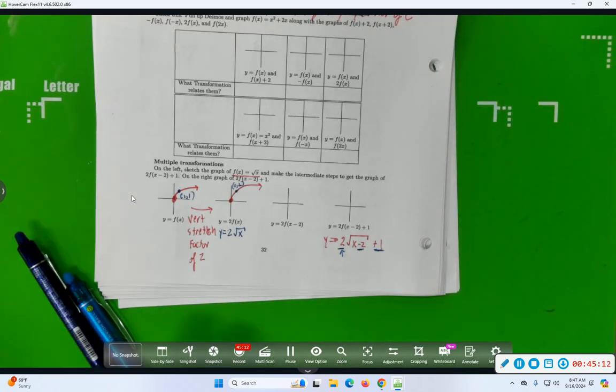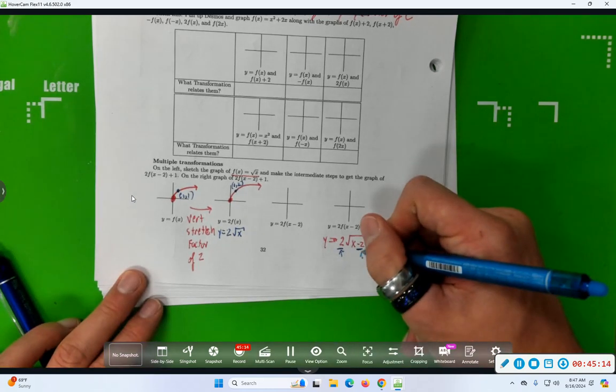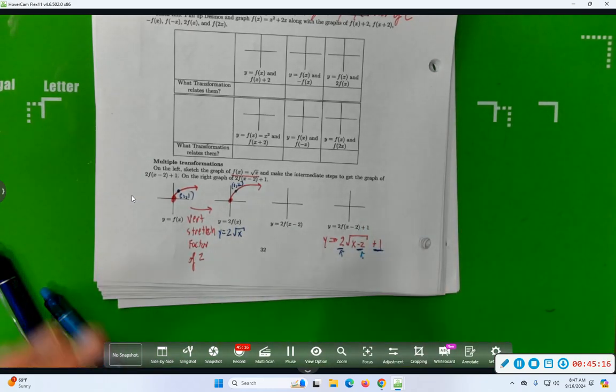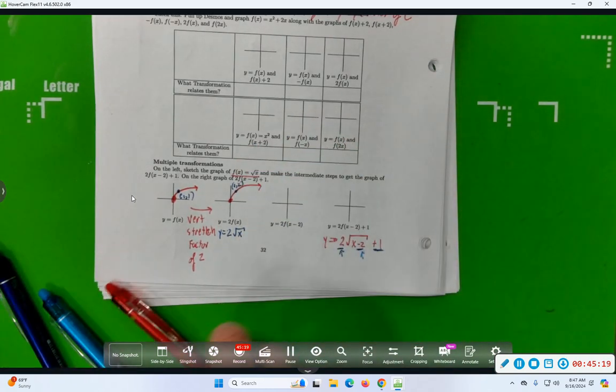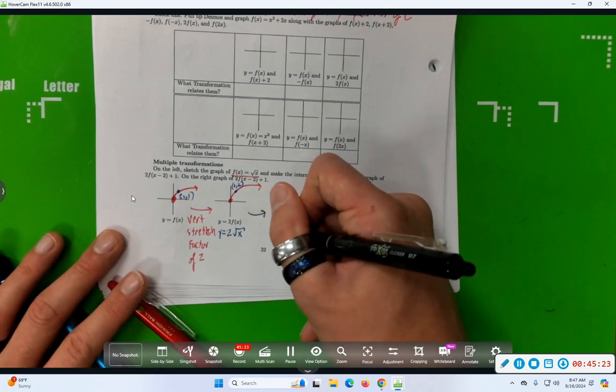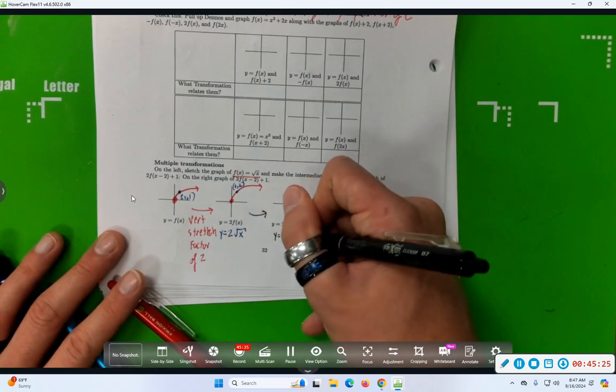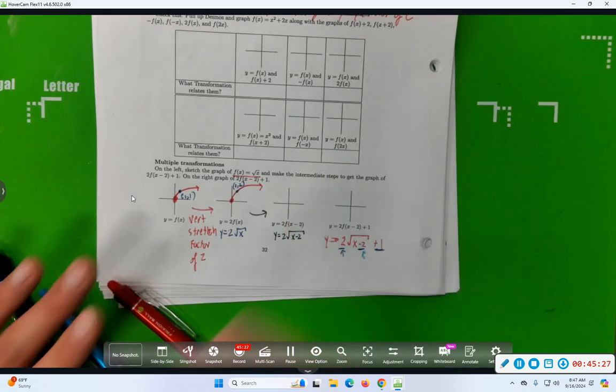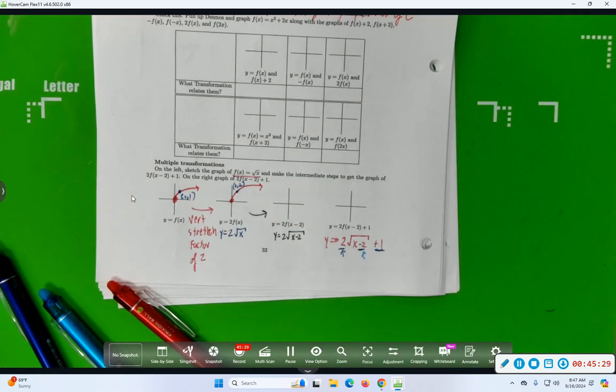Next thing that I'll deal with is this minus 2. So if I want to go next to the graph of y equals 2 times the square root of x minus 2, what does that minus 2 do to the graph?